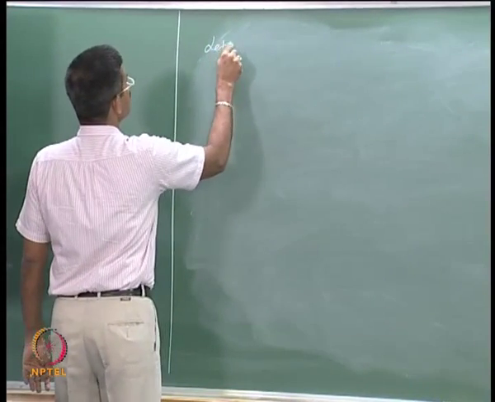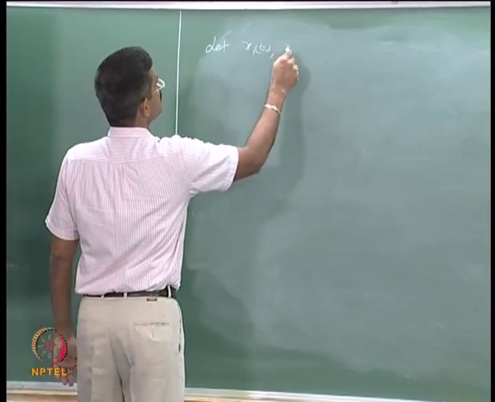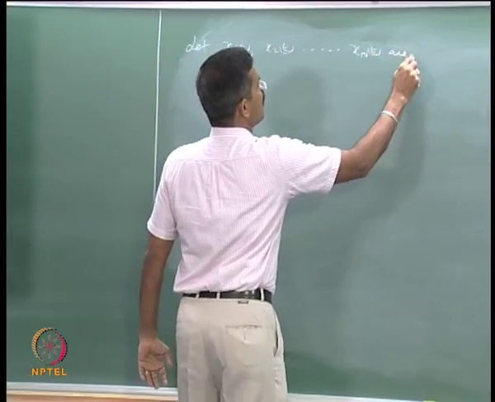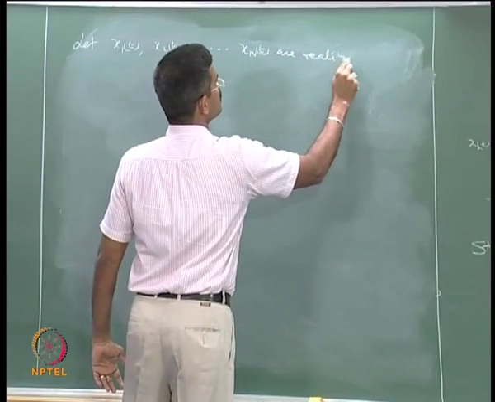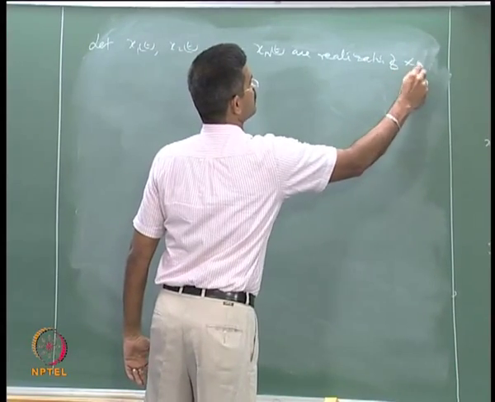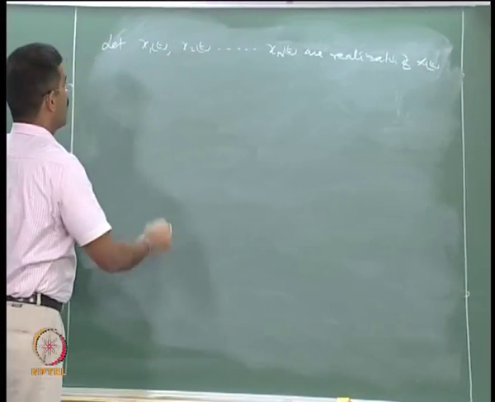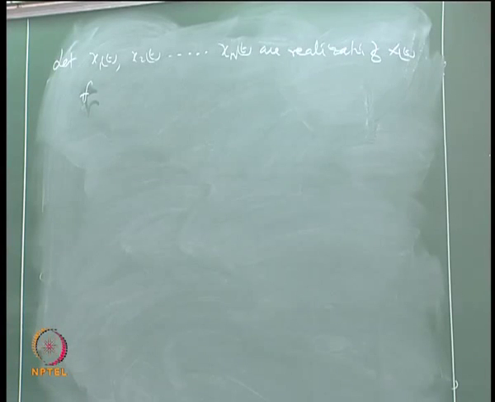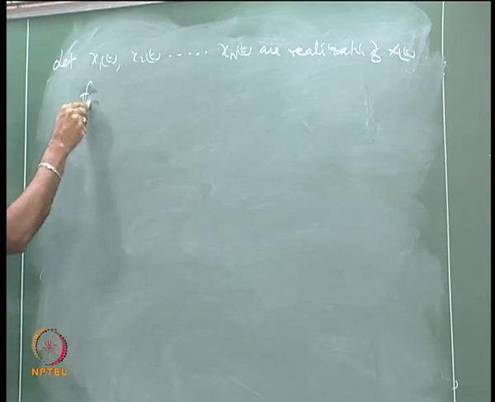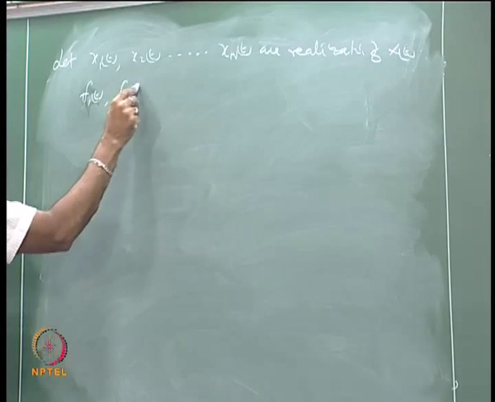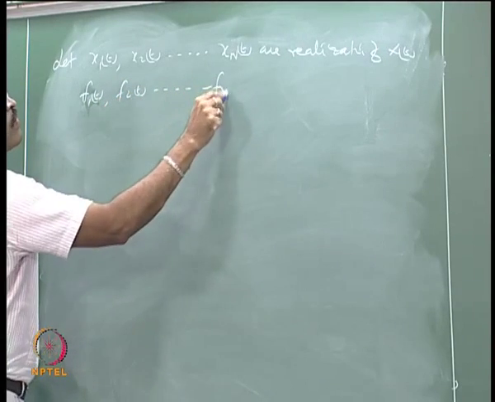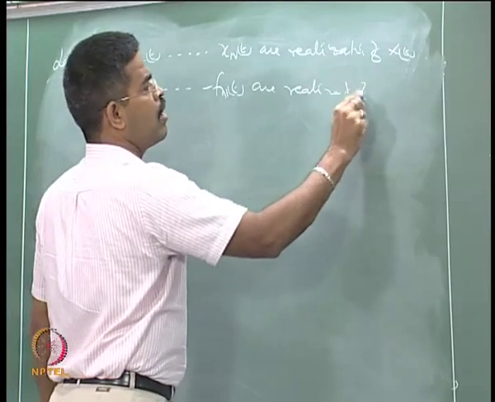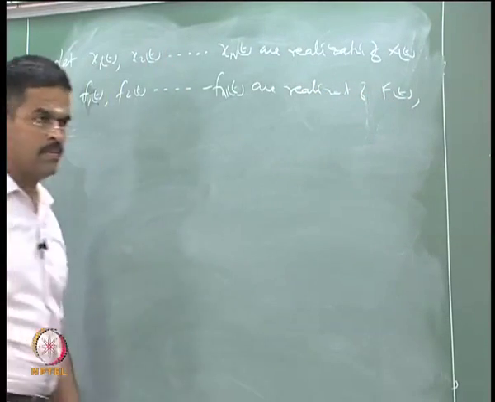So, let us say x1 of t, x2 of t, xn of t are realizations of x of t, and f1 of t, f2 of t up to fn of t are realizations of f of t.